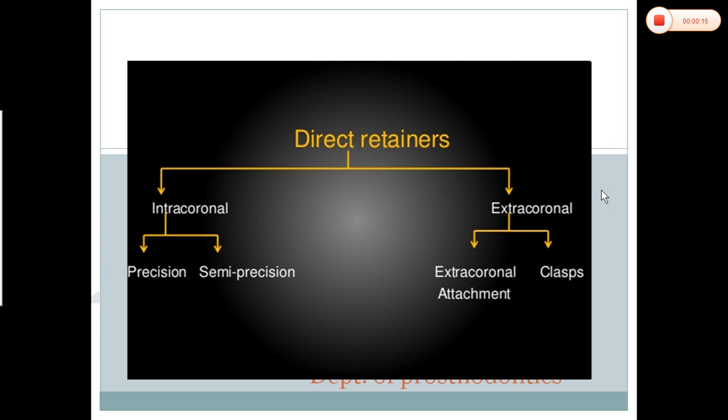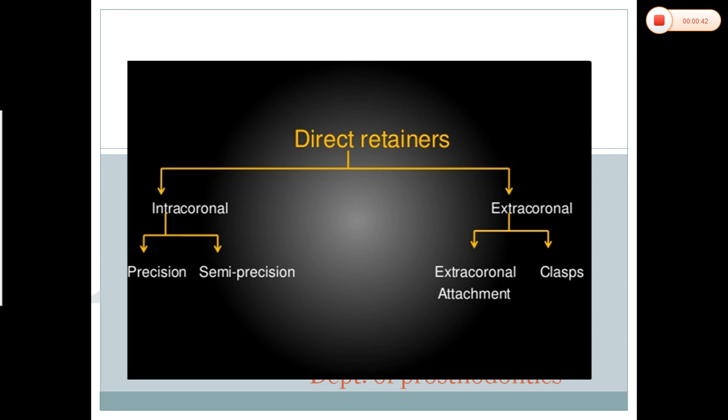So, direct retainers, we have already seen what are intracoronal retainers. In that, precision attachments and semi-precision attachments. So, coming to part 2, we are dealing with extracoronal retainers. In extracoronal retainers, again, they are divided into extracoronal attachments and retentive clasp assemblies.